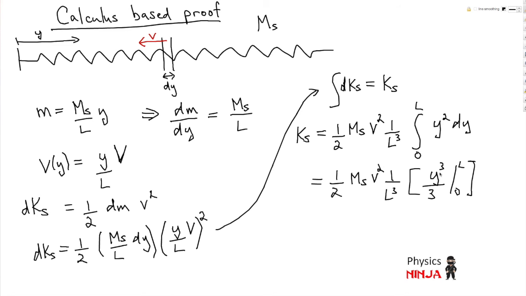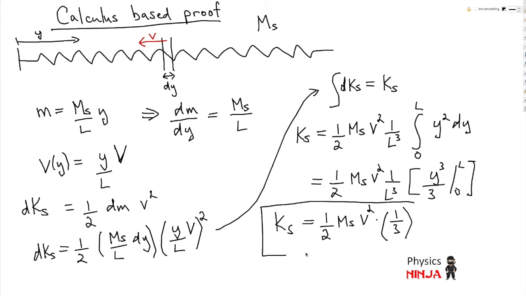When you substitute L into this term, you get an L cubed term, which is going to cancel with this L cubed in the denominator. And the only term you're left with is 1/2 ms v squared multiplied times 1/3. That there is the total spring kinetic energy using a calculus-based approach.